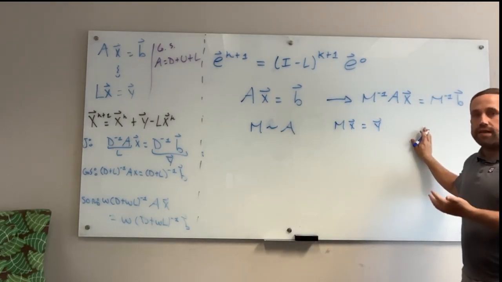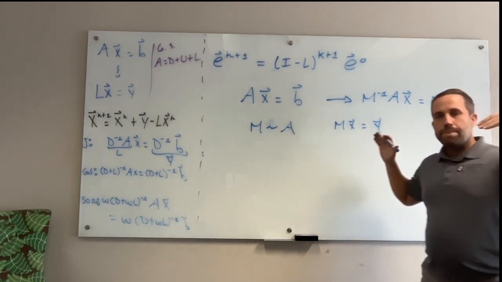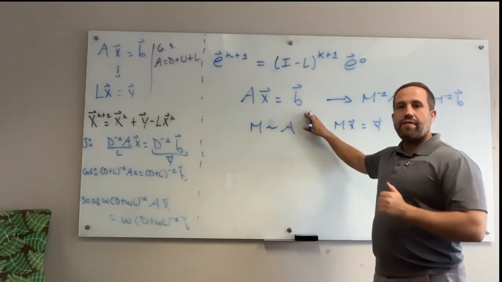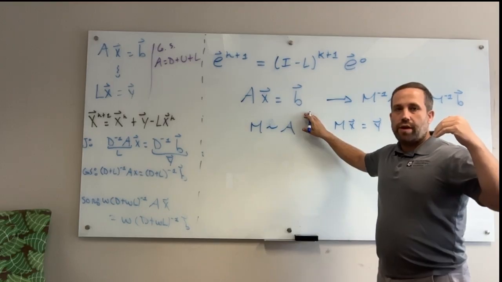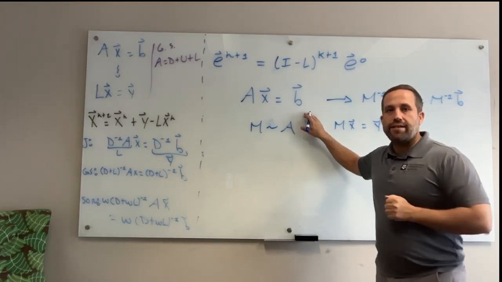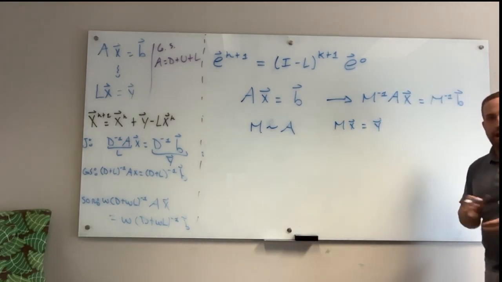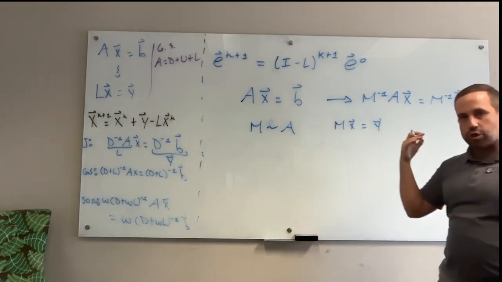And when I say significantly easier, I mean like if we have some method for Ax equals b that takes O of n cubed operations to solve, this needs to take like O of n operations to solve, or something like that.